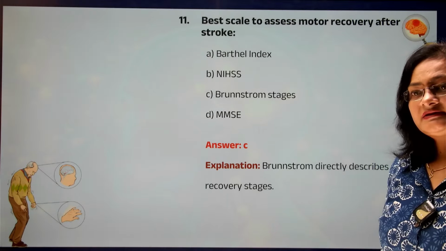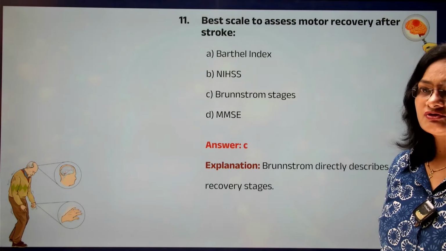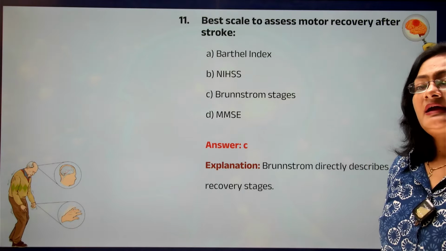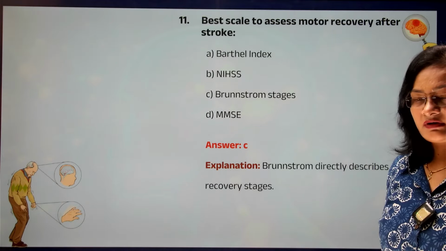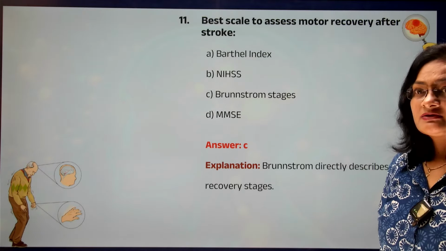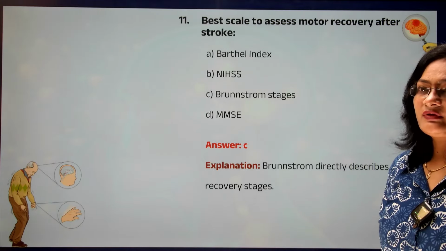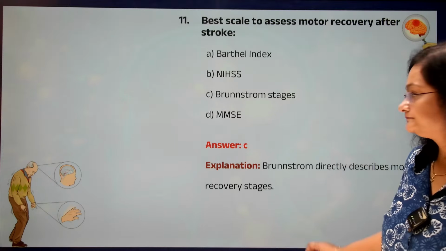As we have already discussed, it describes the motor recovery after stroke. NIHSS is stroke severity, MMSE is for cognitive function, and Barthel Index is for the ADLs. So Brunnstrom Stages of Recovery will assess the motor recovery after stroke.